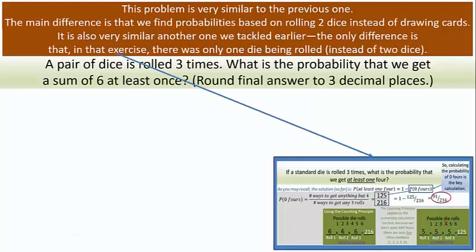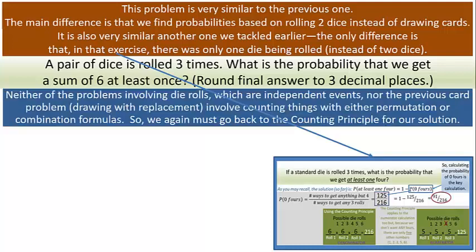And as I said, it's extremely similar to one we did somewhat earlier in this lecture where we were rolling just a single die. So I put up in the corner a screen capture from that calculation, and you can see what we did, and we just did it a few minutes ago, so it should be fresh on your mind.